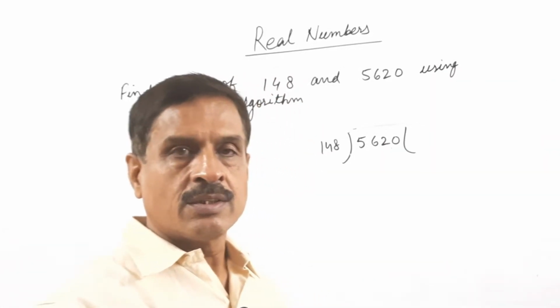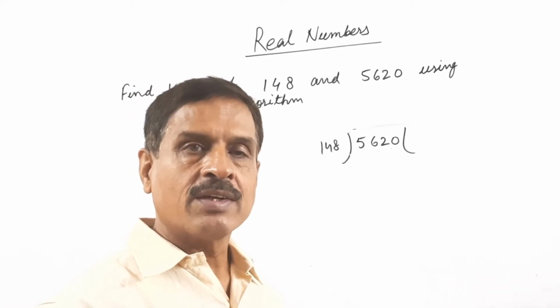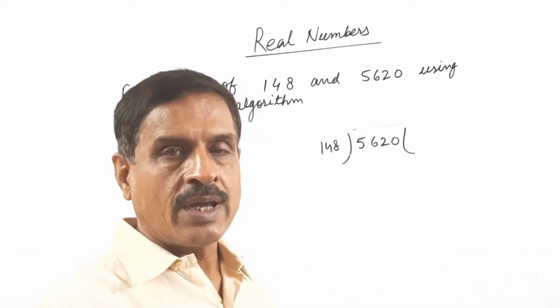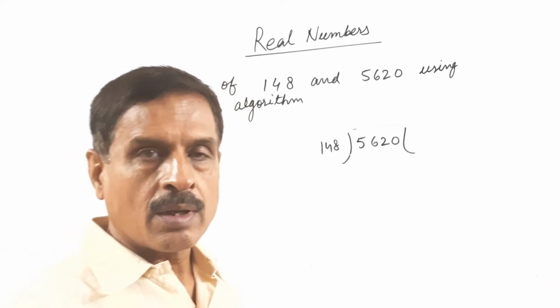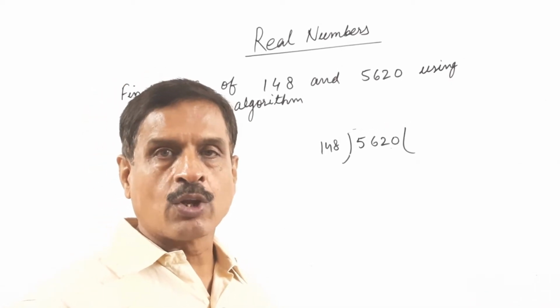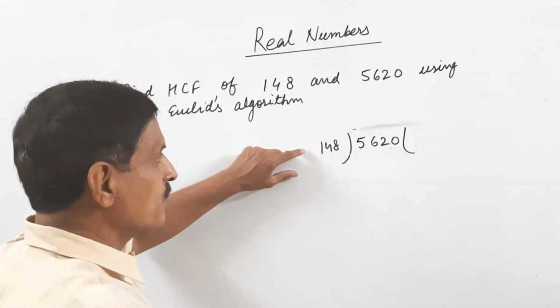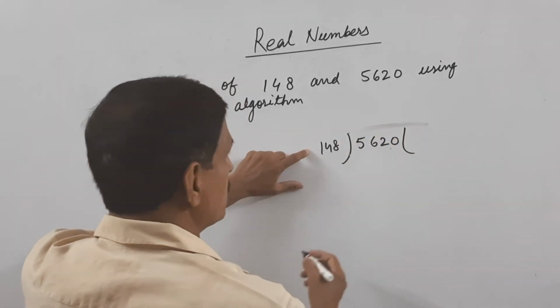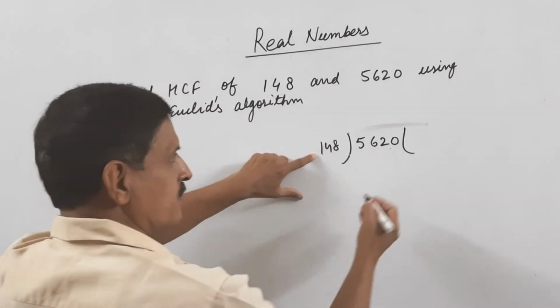We first use the long division method as we have used in the previous problems. We have to use the long division method to find the HCF of the numbers. We divide 5620 by 148.